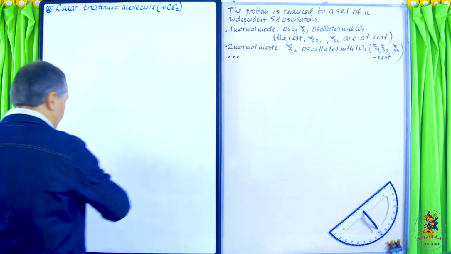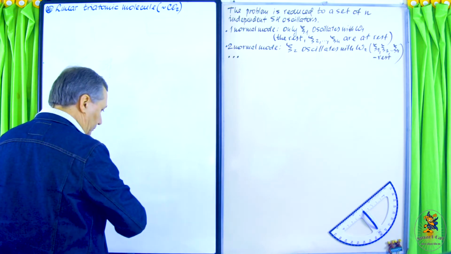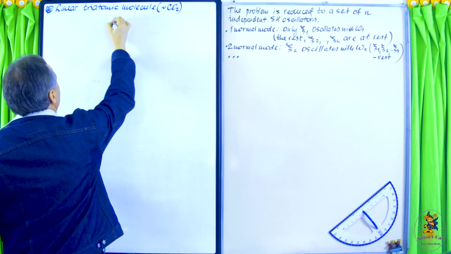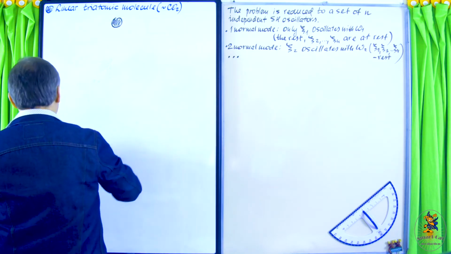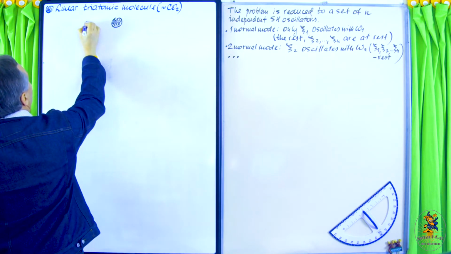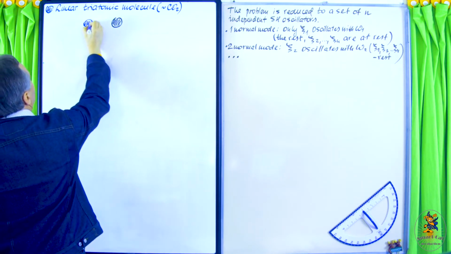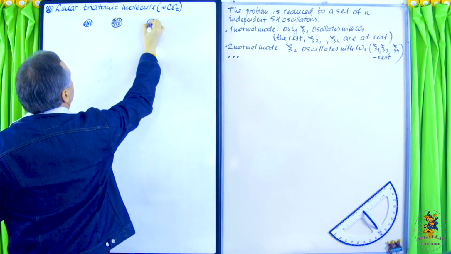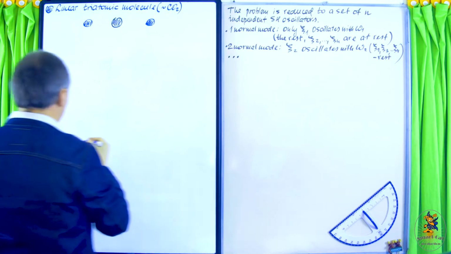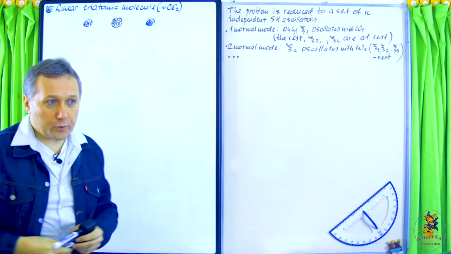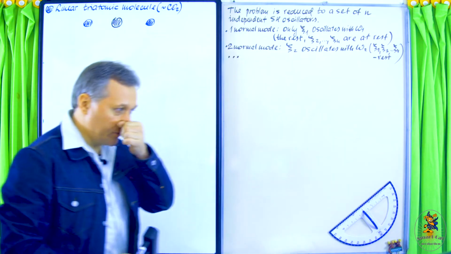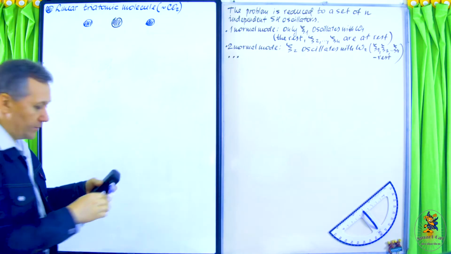Okay, so let's start with the picture. Let's say the first one, the black one, let it be at the center. And then there are two smaller particles. Let me draw them here. And of course, the interactions between them can be modeled with springs, right?